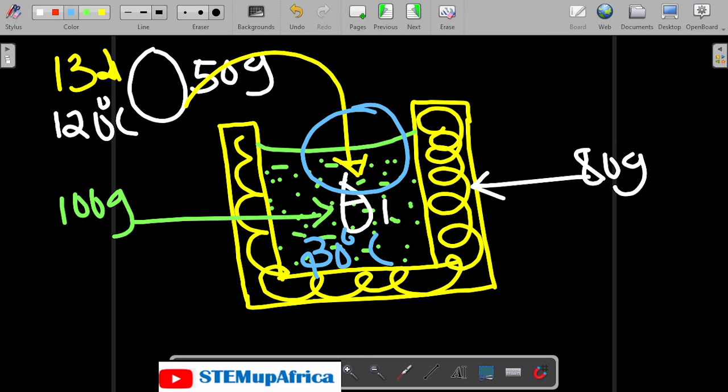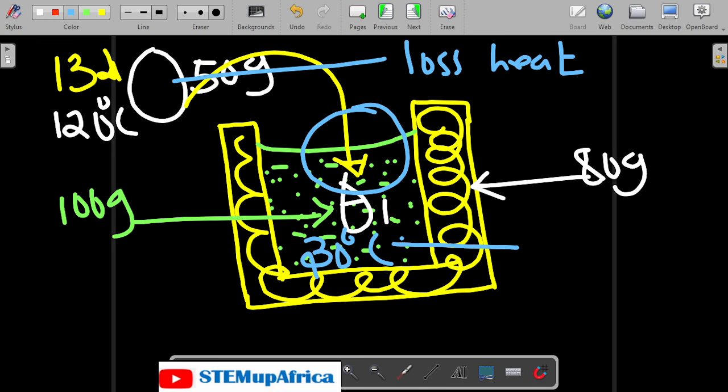So what are we going to experience from here? When you put the 120 degrees Celsius ball into this water, the ball will lose heat. Because when you put a hot object in water, there will be heat loss by the hot object. Who is gaining the heat? It will be gained by the water.